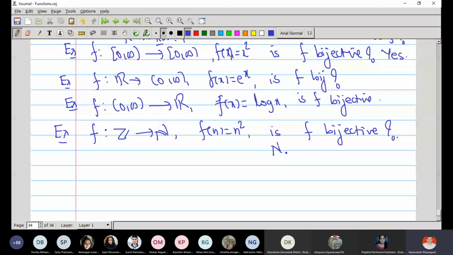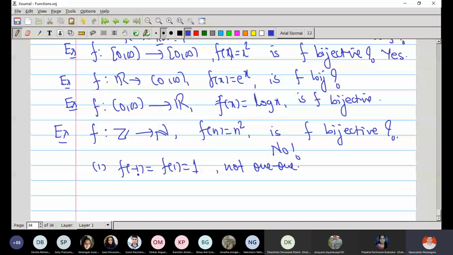What is the reason? It is not a 1-1 function. Right, because f of minus 1 and f of 1 is 1, so not 1-1. To prove that a statement is false, that 1-1 fails, one evidence is sufficient, right? There is a pair of two distinct elements whose image is the same.